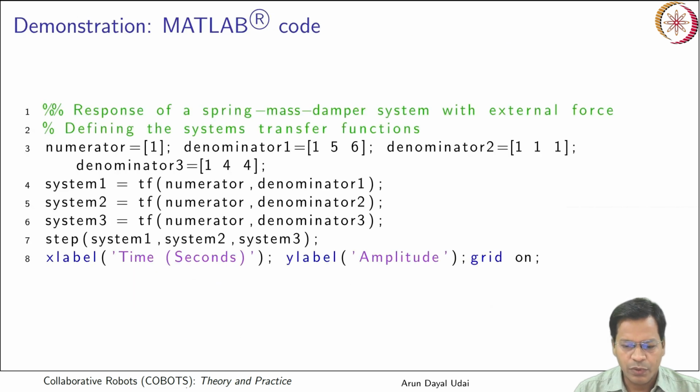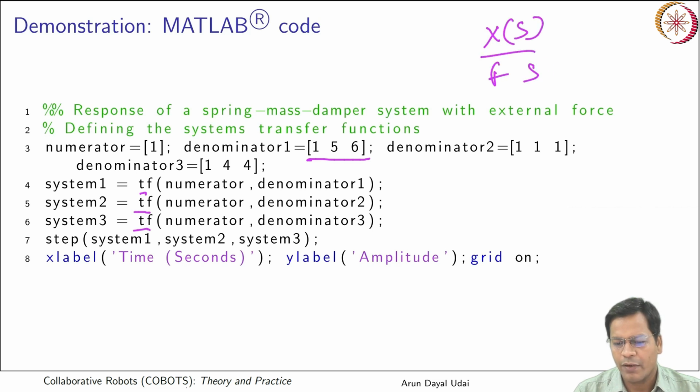Okay, so this time I am using a different way to plot it. I am defining it as a transfer function, the way we discussed in the first class. Okay, so this is your first denominator, that is basically Xs, that is the output, by Fs. So this becomes your transfer function.